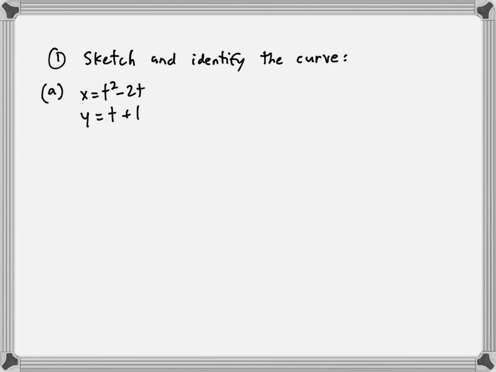This is an example of a parametric curve. So this is part A. How would we sketch and identify this? Well, what we could do is plug in, for example, different values of t, and then we could just see what points we get. I'll give you an example.